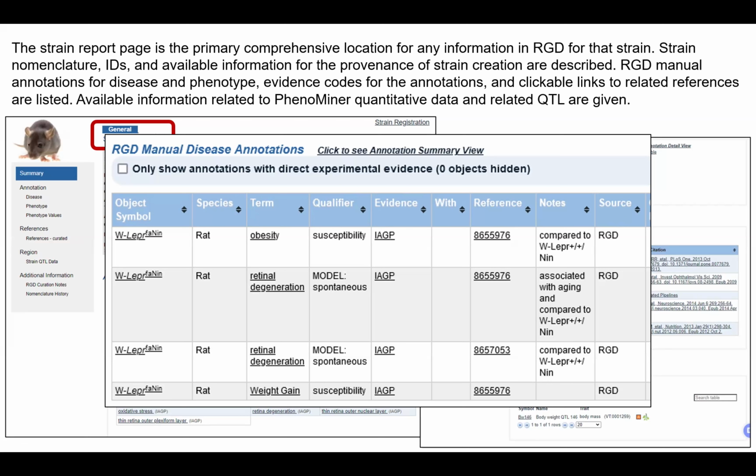And then there's information over in the notes that say what it might be compared to. So in this case, it's compared to the wild type litter mates.